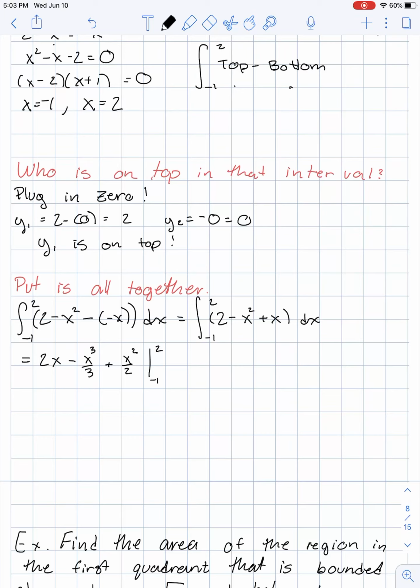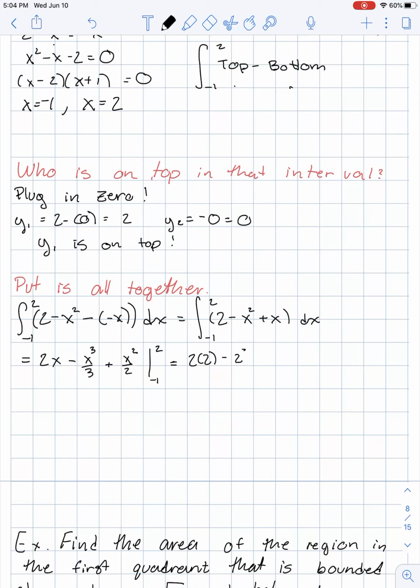Don't forget that constants, when you integrate them, become coefficients, right? So that's where we get a 2x from 2, okay? Constants don't go away when we're doing the antiderivative. They gain a partner.